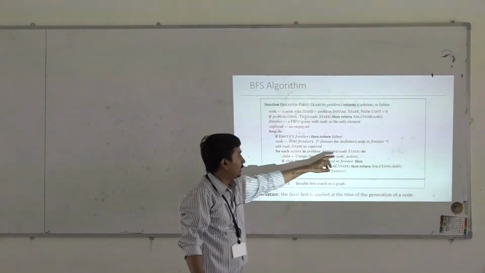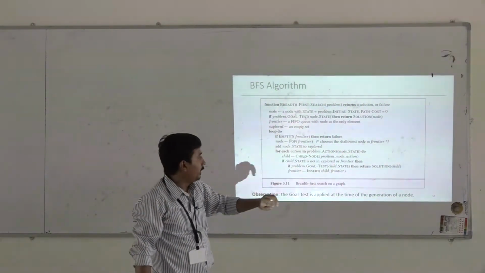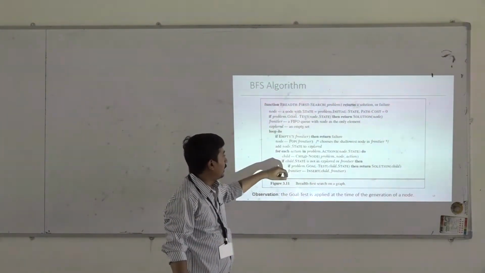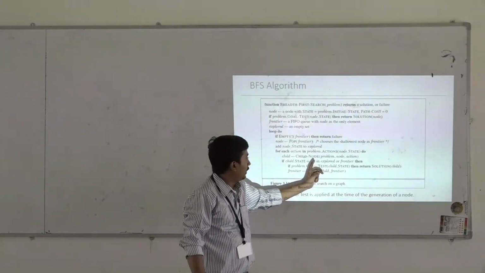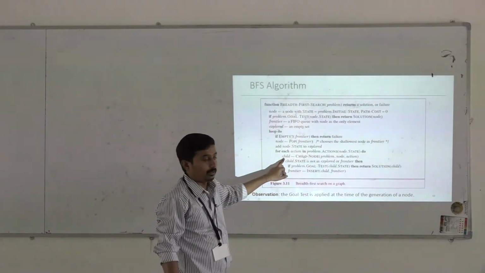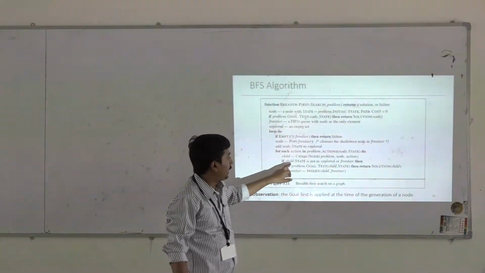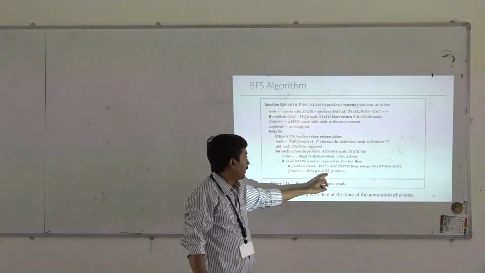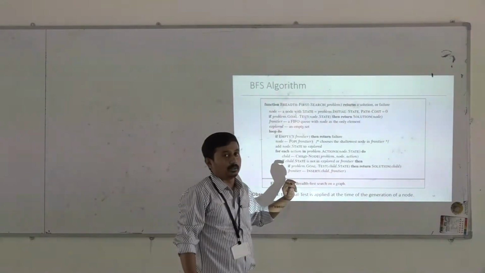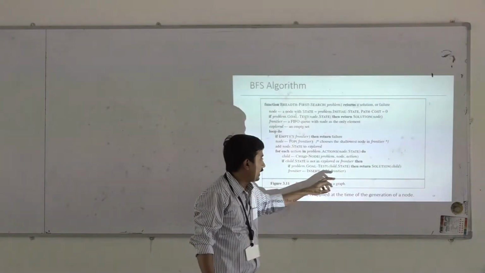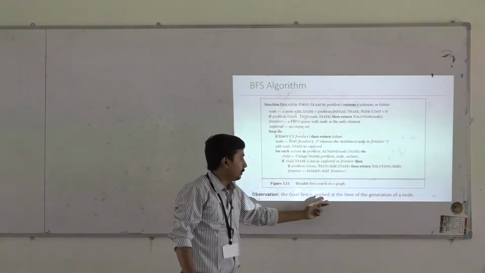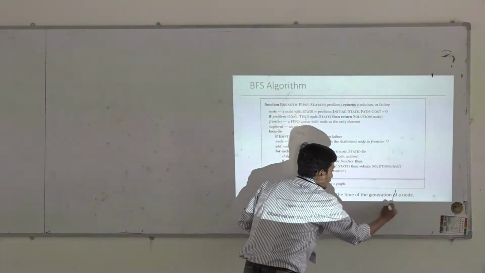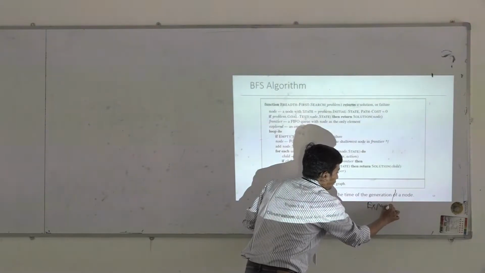For that particular state, multiple actions can be possible. You apply every action one by one, and children will be generated. For each child, you check whether it is in the explored set or frontier. If it is in neither, then you check whether this child is a goal. So the observation is that the goal test is applied at the time of generation. We have seen two concepts: generation versus expansion, right?